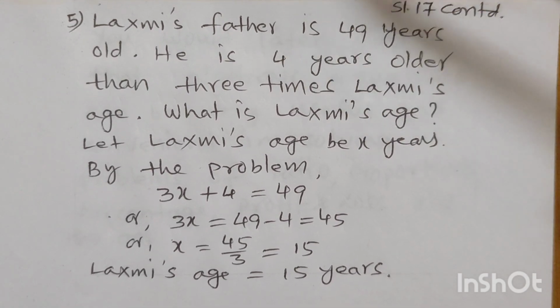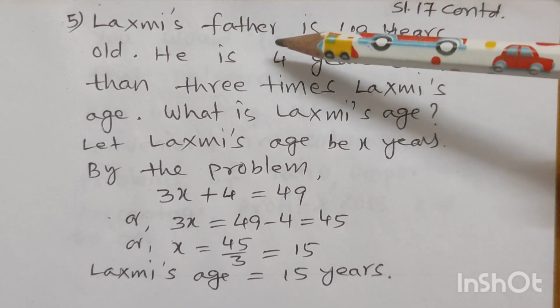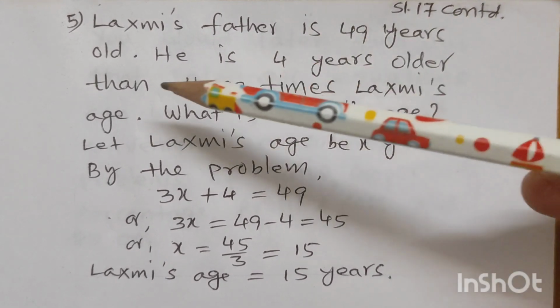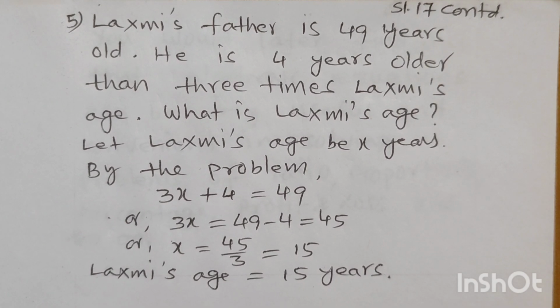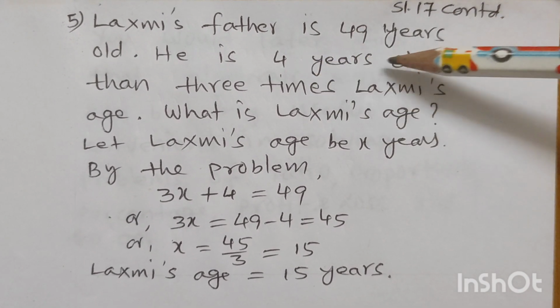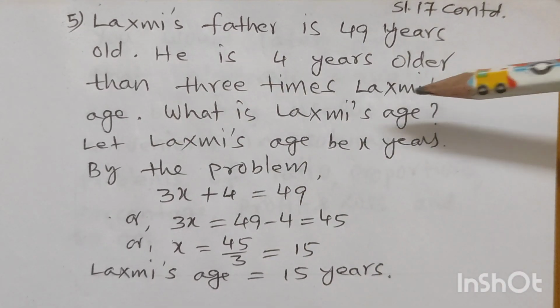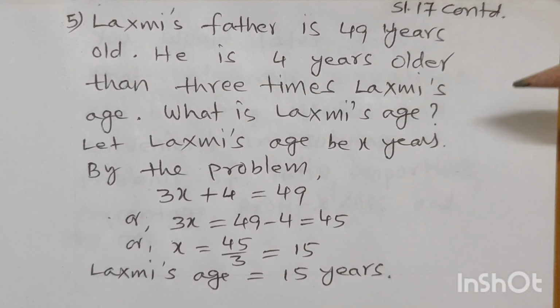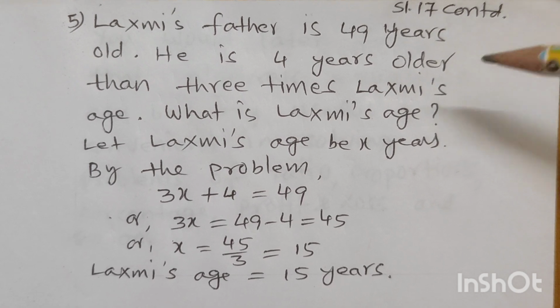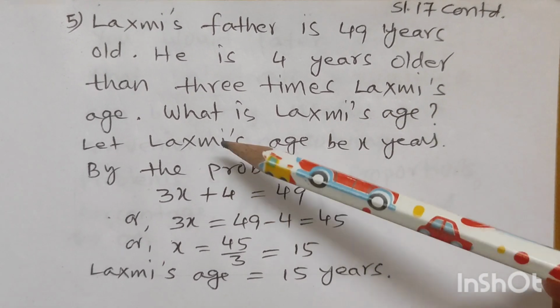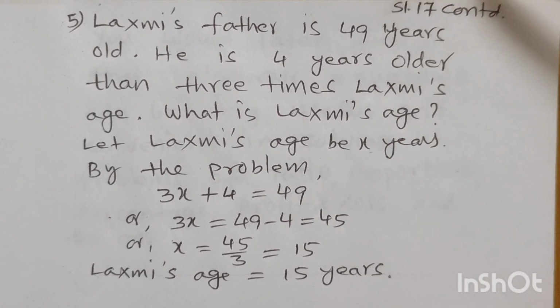In the fifth example, Lakshmi's father is 49 years old. He is 4 years older than 3 times Lakshmi's age. Then what is Lakshmi's age? As usual we assume let Lakshmi's age be x years.